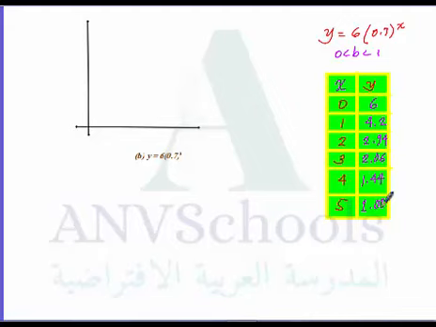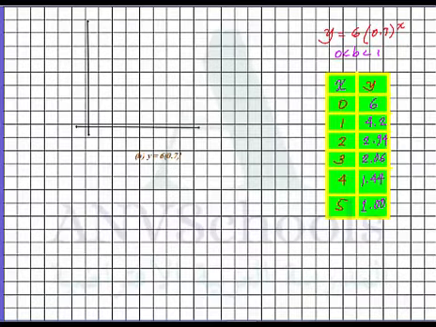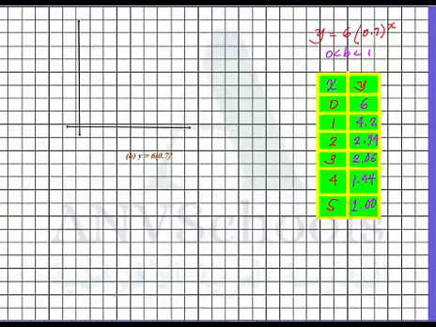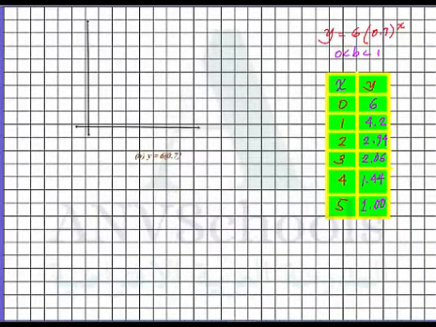Okay, so graphing the coordinates or the points, we need, of course, our grid lines. Let us arrange first our axis.